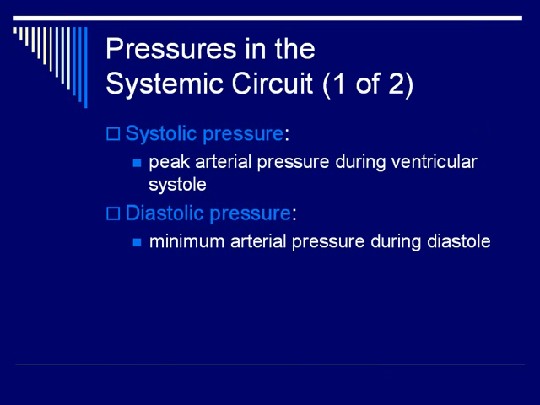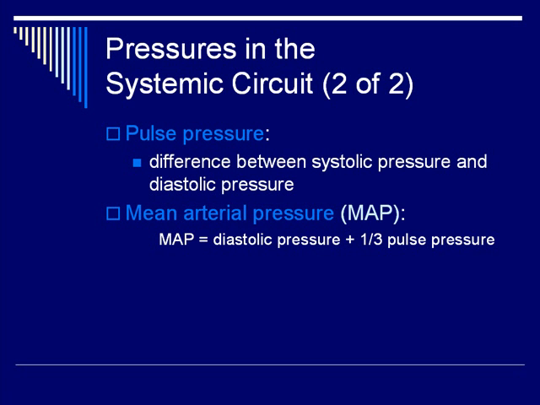Now, there are pressures in the systemic circuitry. The systolic pressure is the peak arterial pressure during ventricular systole, when the heart is actively squeezing, then diastolic pressure is when the minimal arterial pressure occurs. This is when the heart is relaxing.